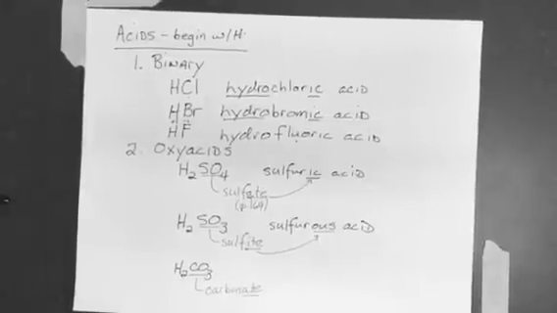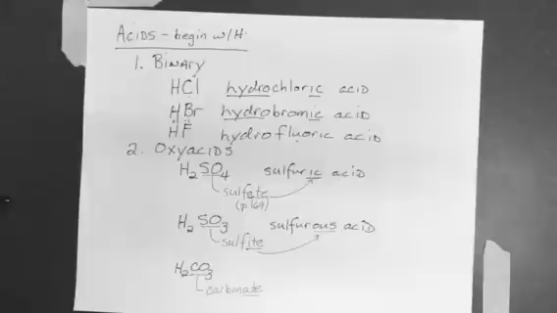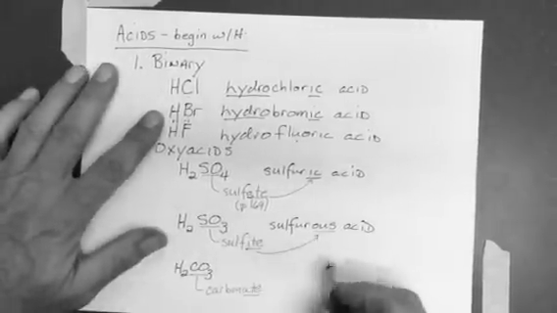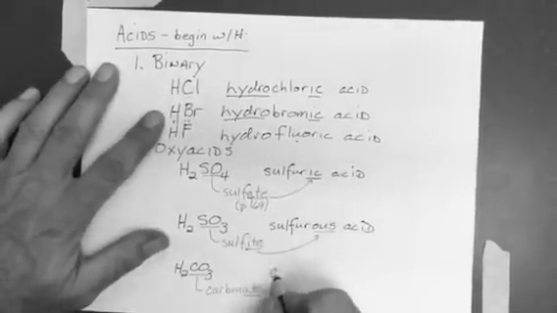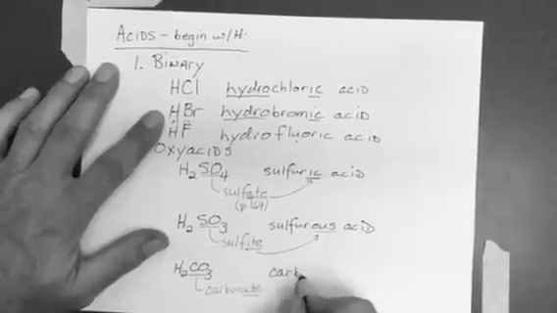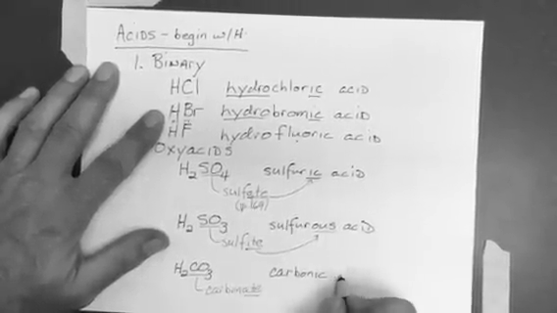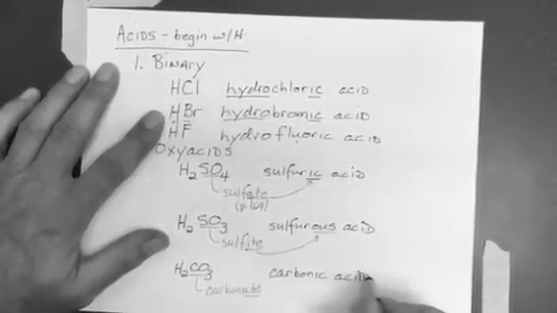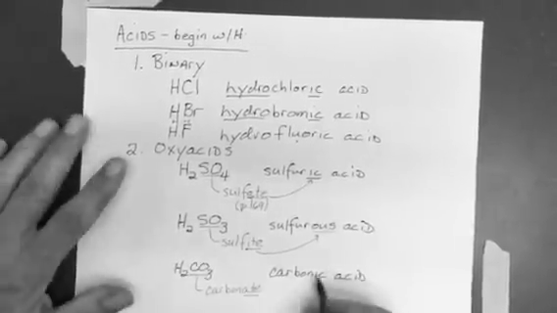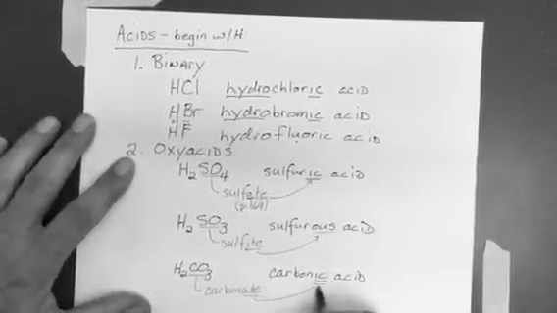For oxyacids, the "ate" changes to "ic." So we don't call it carbonate acid, we call it carbonic acid. Pattern: the "ate" changes to "ic."